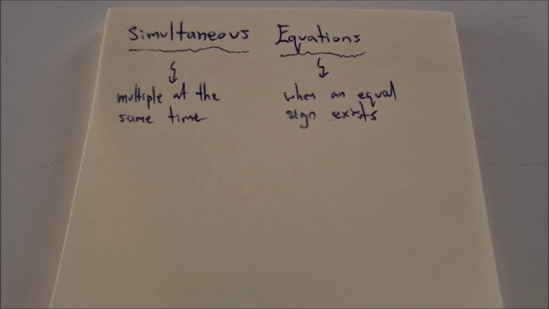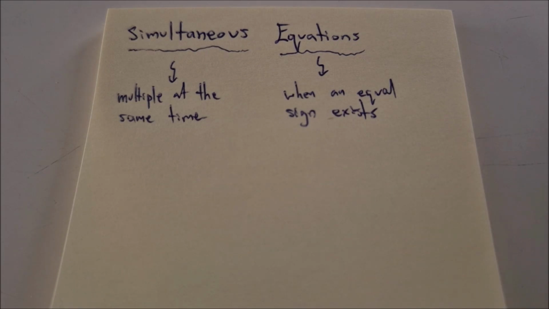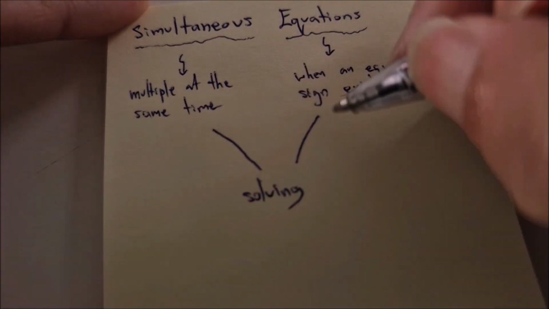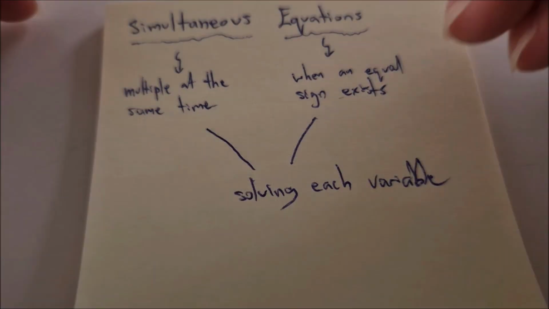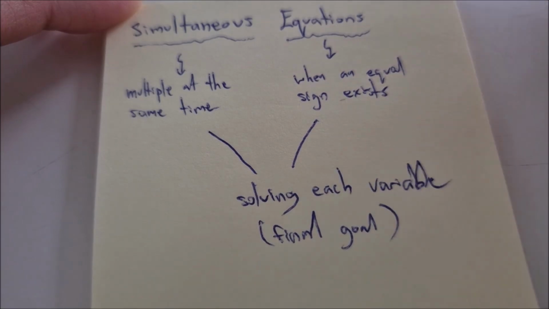That really is all there is to it, actually. Now, the purpose of simultaneous equations is solving them for each of the variables. Our final goal.